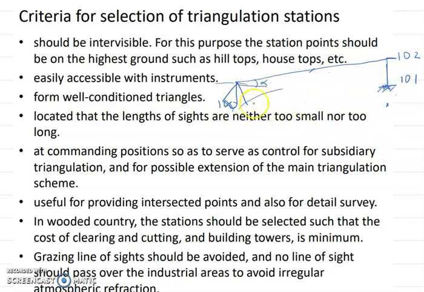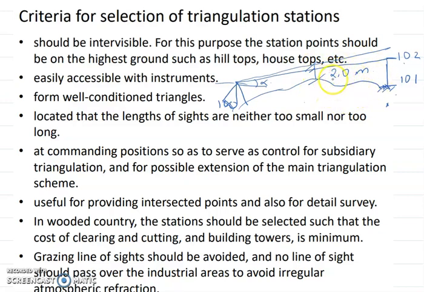You will be asked to find how much we have to tilt this line of sight so that, first of all, the final point, your staff station, is visible. Second, if there are any obstructions in between, your line of sight should at least clear the obstruction by 2 meters. This is what your numerical will expect from you.